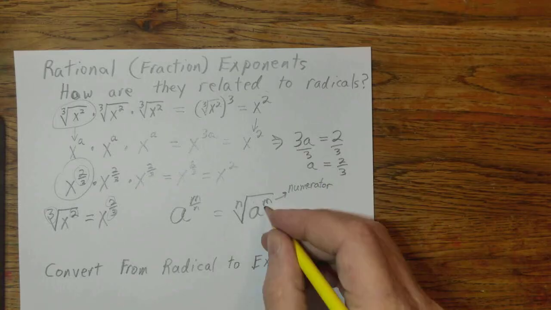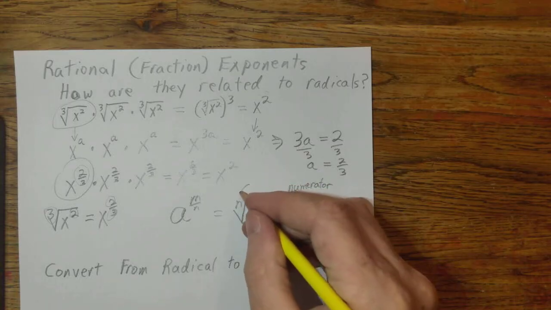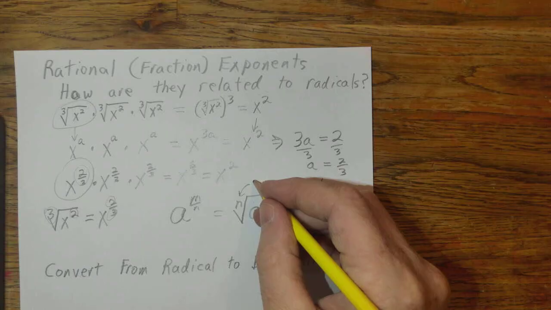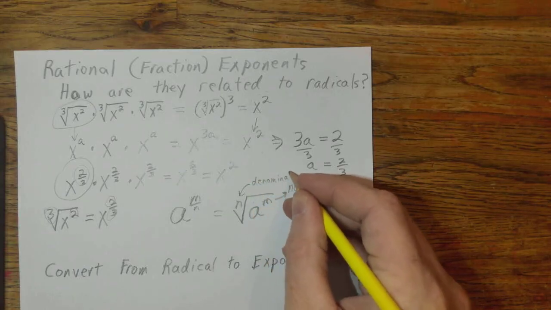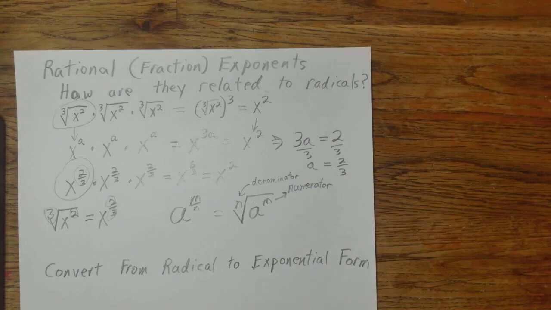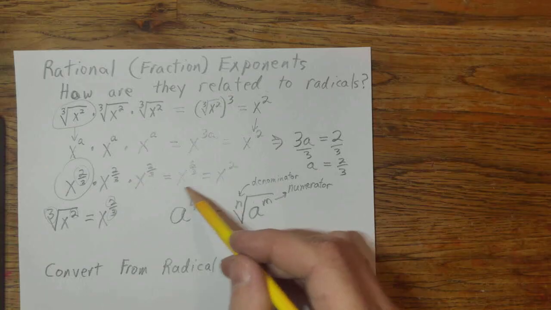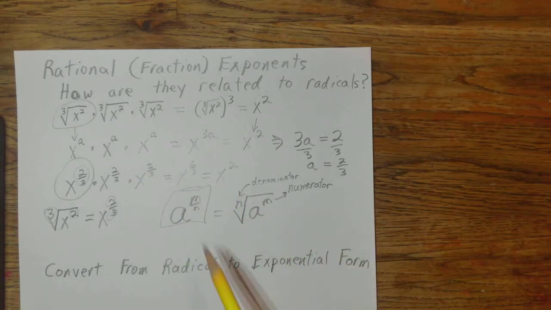I should have considered changing those variables around. And this, the index, would be the denominator when you're thinking about it in terms of a power instead of writing it in radical form. All right, so that's what I need you to keep in mind.